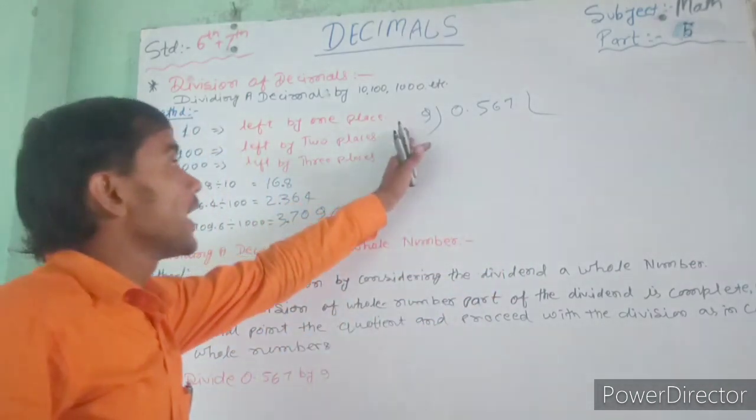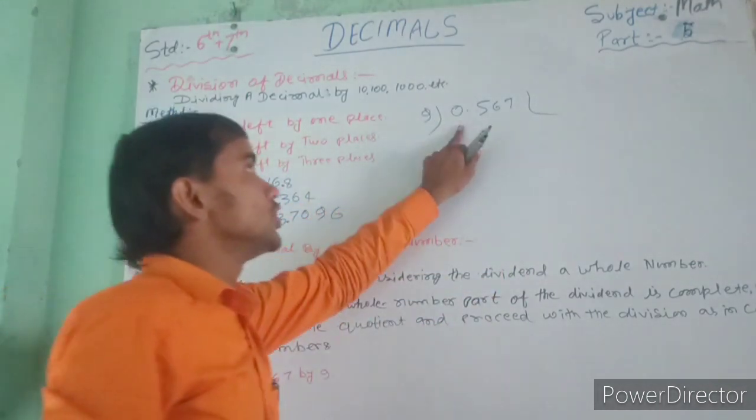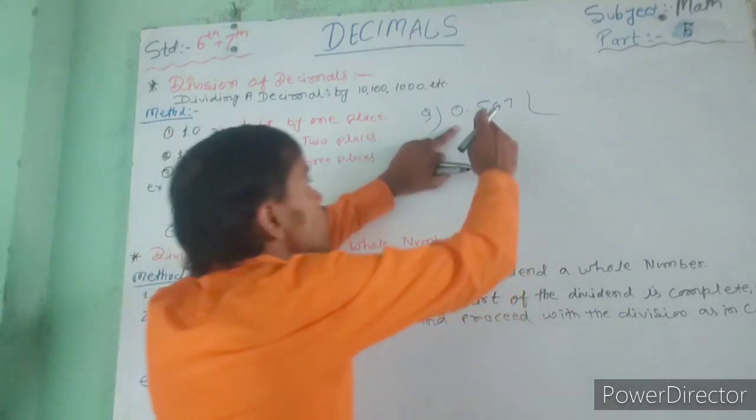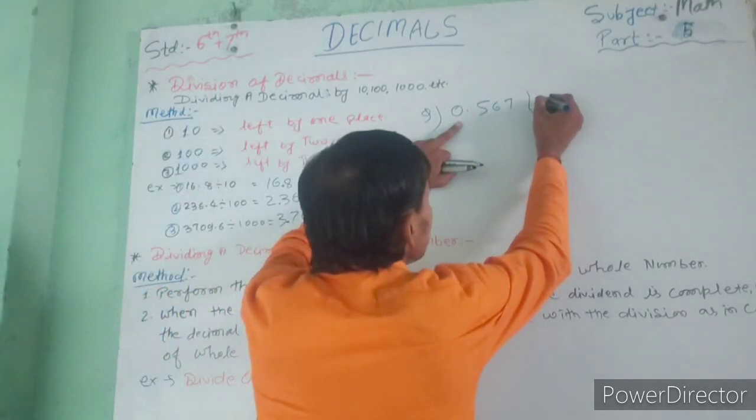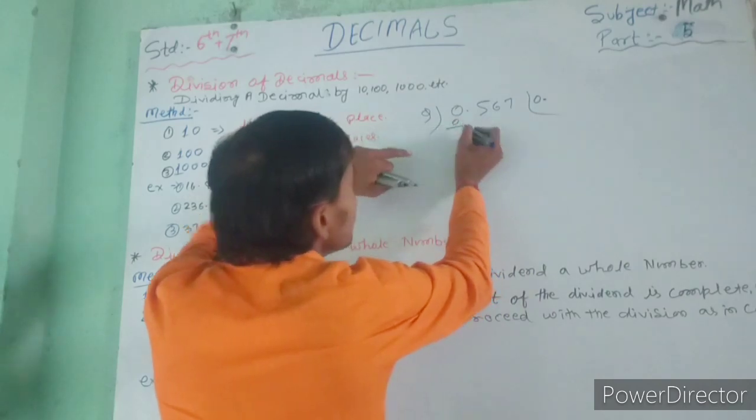When you divide 0 by 9, that's not possible, so you first put the point. Why? Because here is 0 also.